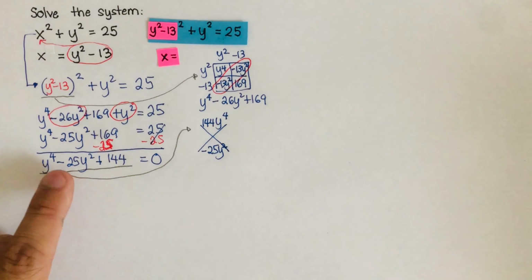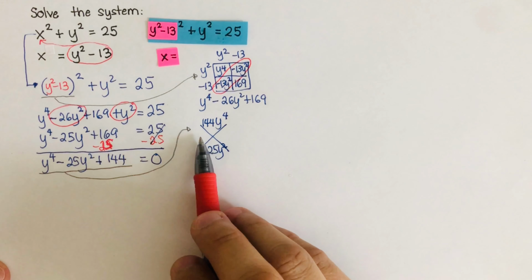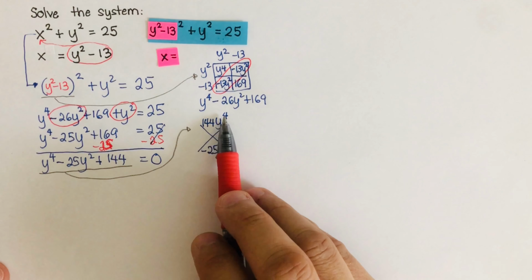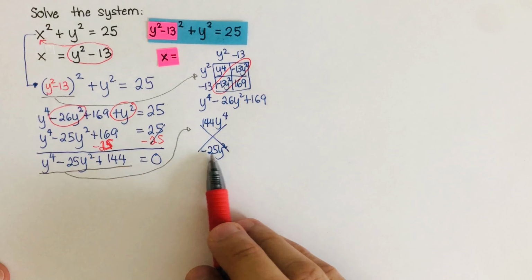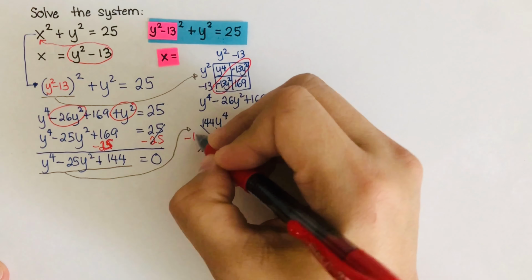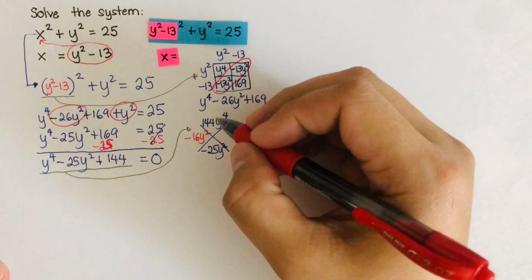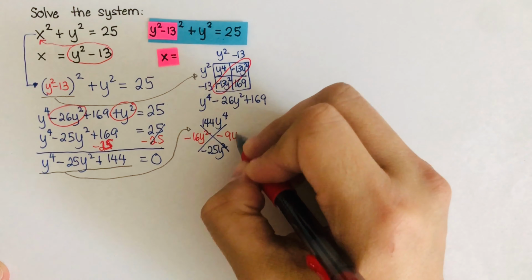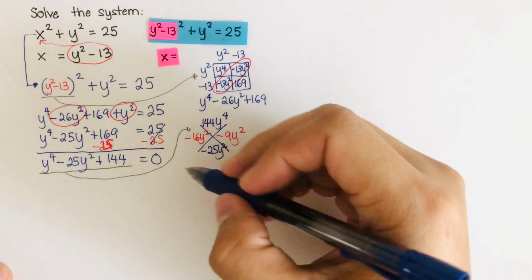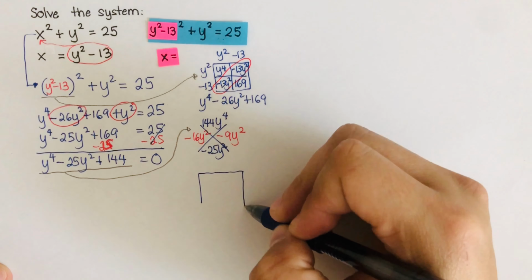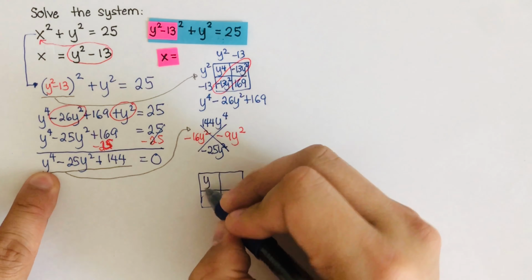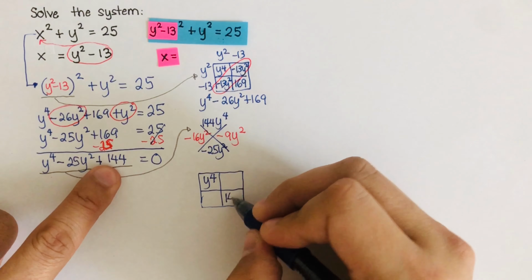And so for the factors, we need to figure out what numbers, when we multiply them together, give 144y to the fourth, and when we add them, give negative 25y squared. So that value is negative 16y squared, and the other one is negative 9y squared. So then we go ahead and draw the box for this. In the box, we write the first one right here, y to the fourth, and this is 144.